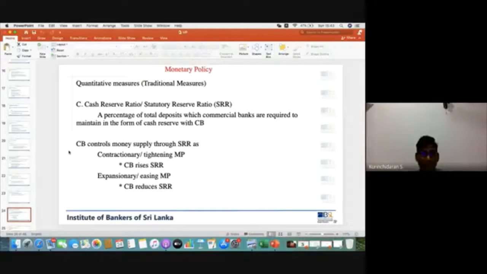If the central bank says 10% is SRR, you have to keep 1 rupee with the central bank. You can only lend 9 rupees. Then 9 rupees go to the public, right? If the central bank says SRR is 20%, then you have to keep 2 rupees at the central bank. You can only lend 8 rupees.